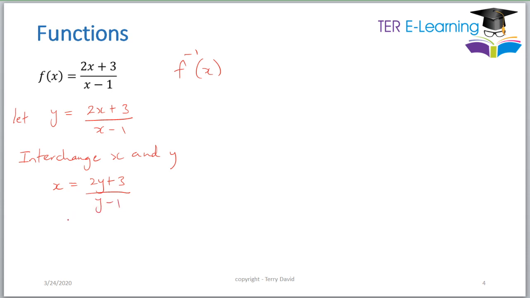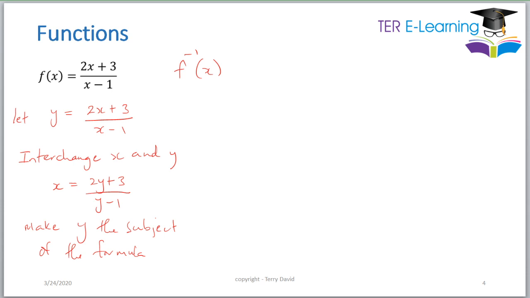Now, when we have a question like this, we are going to have to use factorizing at some point. After we interchange x and y, the next step is to make y the subject of the formula, right?